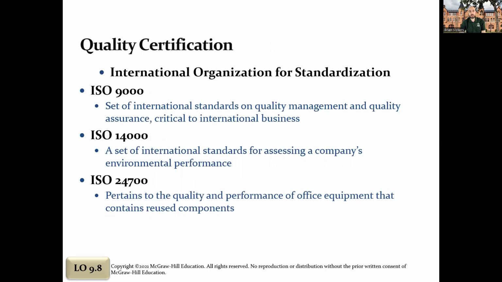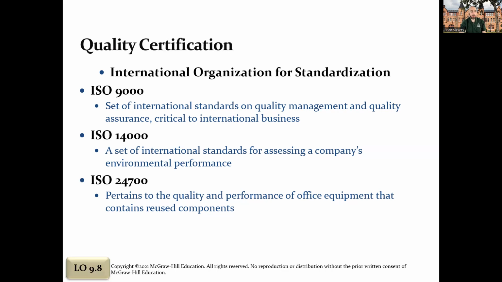The 9000 series has to do with quality management and quality assurance, and if you're going to operate internationally, then operating with companies that are ISO 9000 certified can help you make a decision that the company is a quality company worth your investment in their product, service, manufacturing, etc.